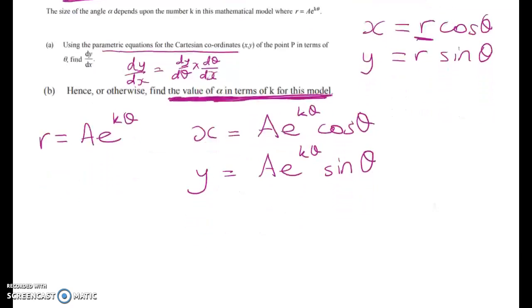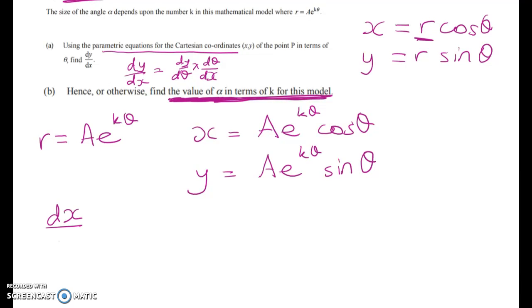We're going to differentiate each of those with respect to theta. So we're now back to probably a level 3 merit question at this point. Straightforward product rule with parametric. So dx by d theta: I'm going to do this first times the derivative of this.